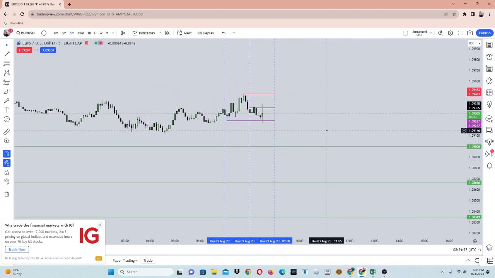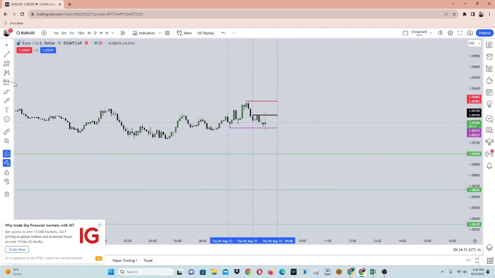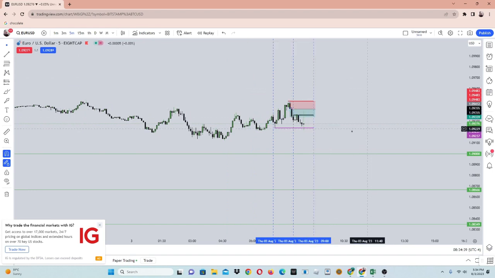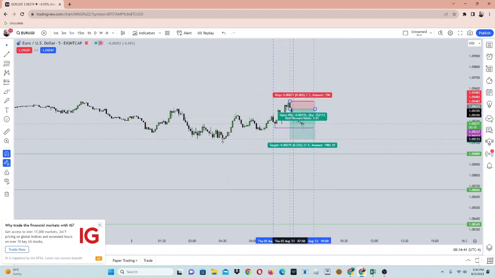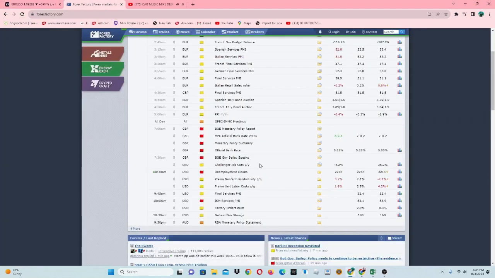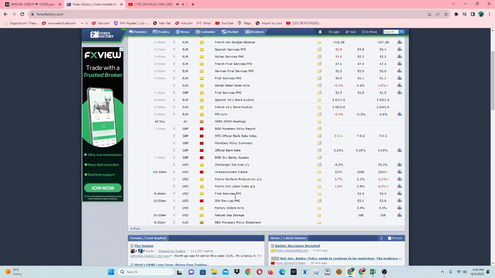If I entered right up here, it would have been a good target to take. Okay, so this could have been my trade, but since I'm not used to unemployment claims news, now I know what I should expect when unemployment claims comes out.